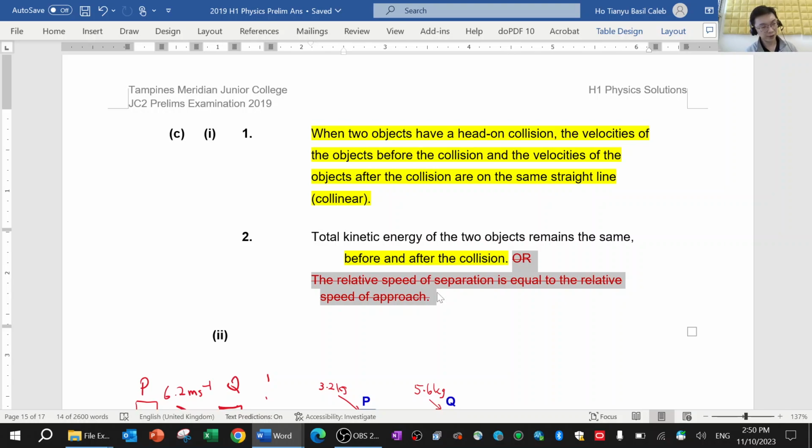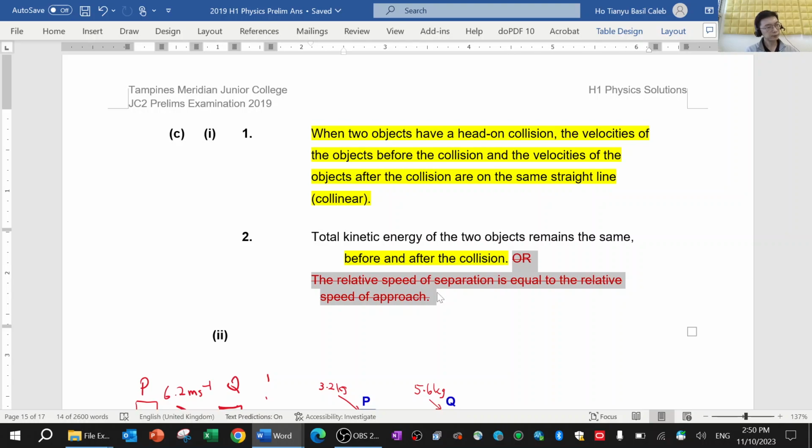It is not the definition or the key explanation for what is an elastic collision. In elastic collision, it just means that the kinetic energy before and after the collision stays the same. It is not throughout. Watch, if you wrote the word throughout, please minus 1 mark. It is before and after the collision stays the same.